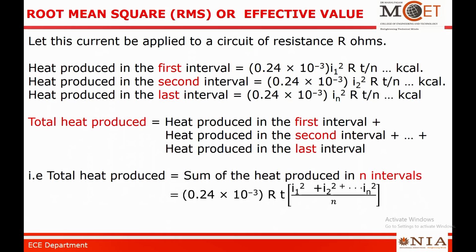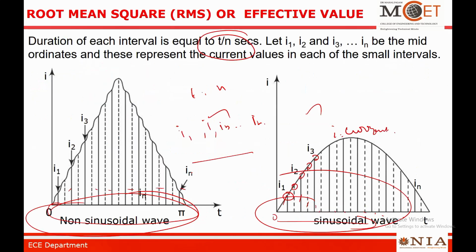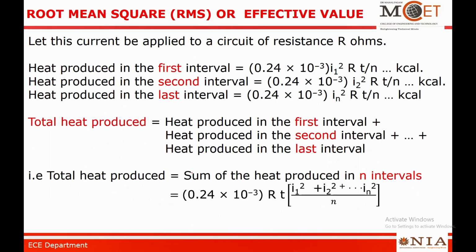In the definition itself I said the energy produced is heat energy. So the heat produced for the first interval is obtained as 0.2 into 10 to the power minus 3 into I1 squared RT by n. Here R is the resistance, T is the time period, and n is the number of intervals.